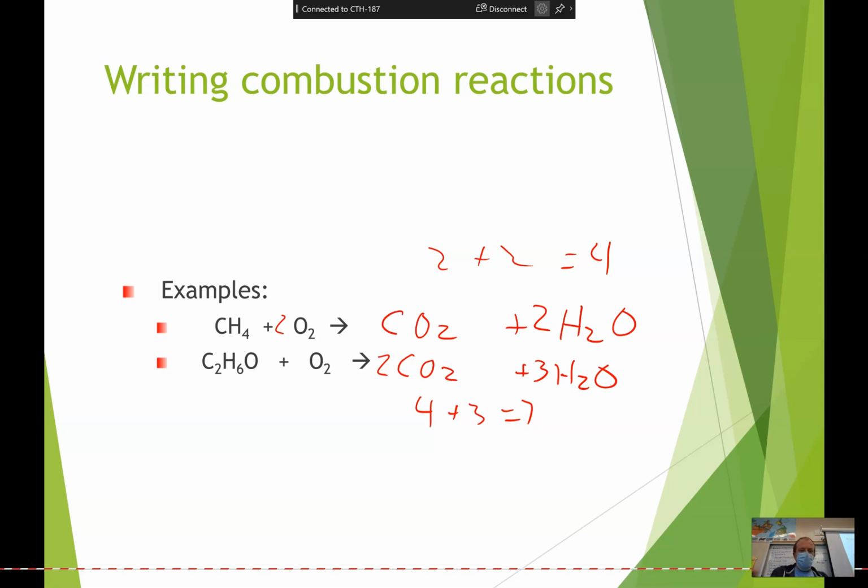Now, some people get a little confused when there's oxygen in this thing in terms of balancing it. So let me tell you the way that I would approach this. I know I need a total of 7 oxygens on the left. Now I already have 1 because I have 1 right here. So in my mind, I'm thinking I need to get 6 additional oxygens. 7 minus 1 is 6. I need to get 6 additional oxygens on the left side. And the way I'm going to do that is by putting a 3 there.